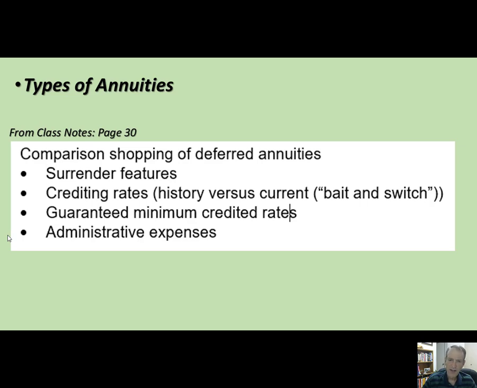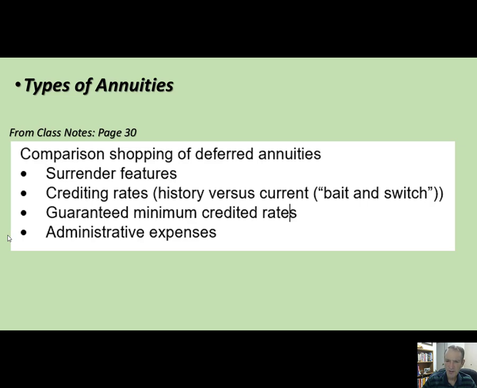So you give them $100,000 and then you say, this company is a little shaky, I don't think I should put my money with them. A year later you say, give my money back. Well, they may only have to give you $88,000 of your money back. So look at those surrender features. They usually decline over time, so it might be 12%, 11%, 10%, 9%.